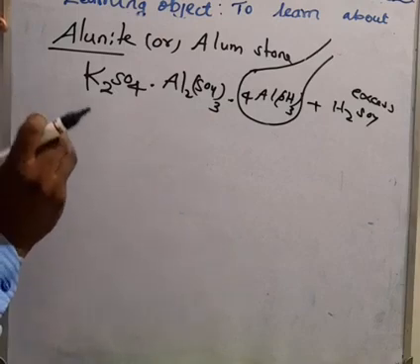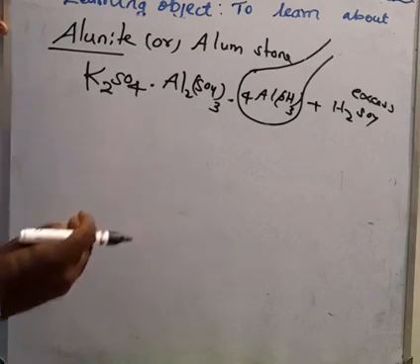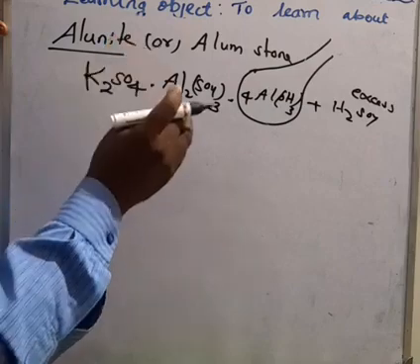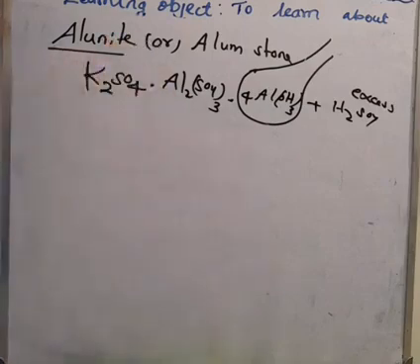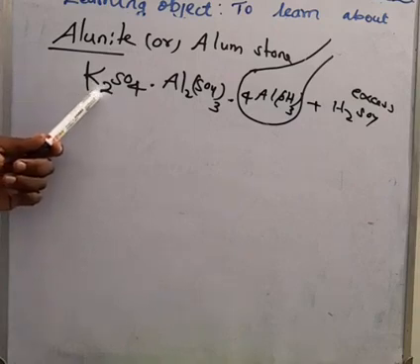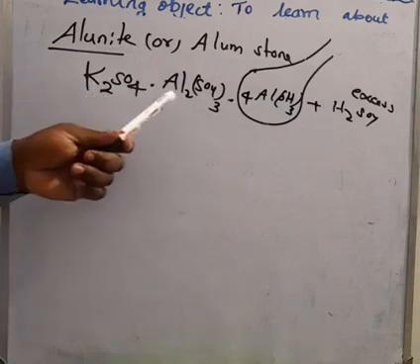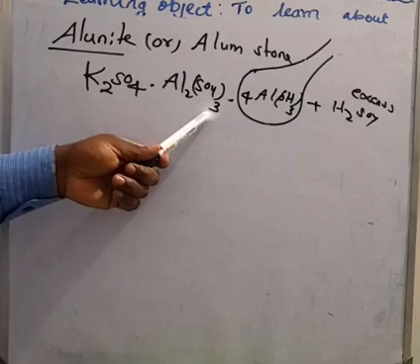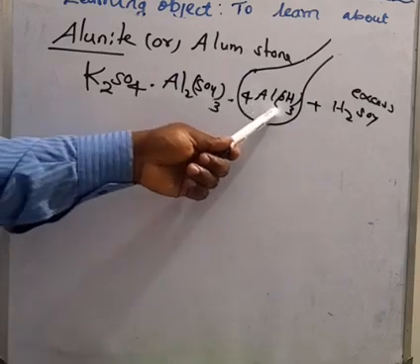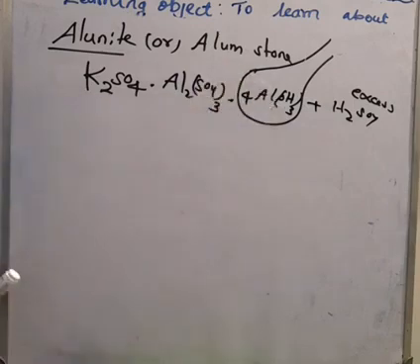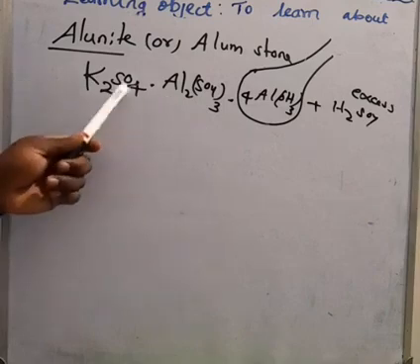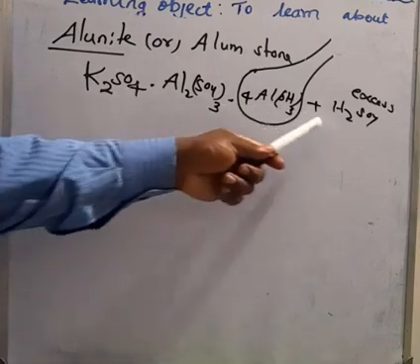So what is the concept here? We have to learn about alunite, otherwise alum stone. What is the alum stone formula? K2SO4.Al2(SO4)3.4Al(OH)3. Here the alum stone is treated with excess of sulfuric acid.